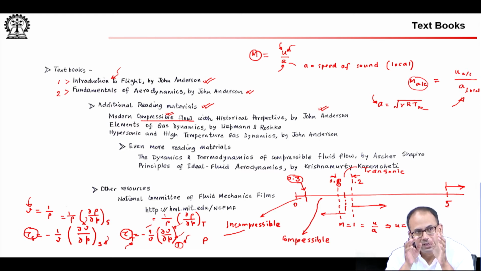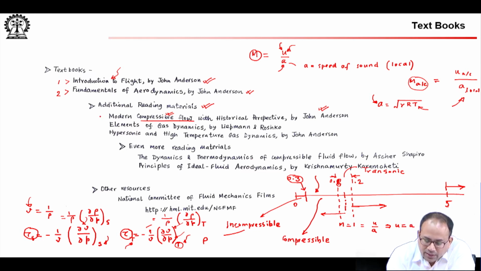A fluid can be compressible, but it may not exhibit compressible behavior in a flow, okay? And a fluid can be compressible and it can exhibit compressible behavior in a flow. And what we are saying here is, if a fluid is compressible, above Mach number of 0.3 it will exhibit compressibility behavior. We will talk about it in the subsequent lecture.